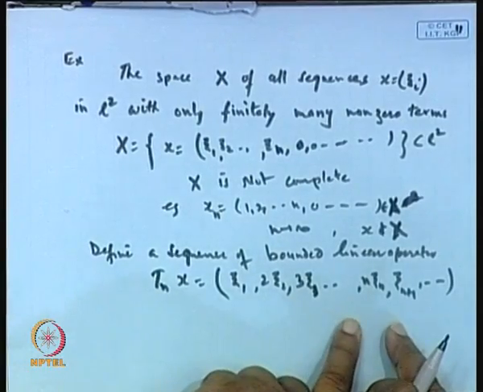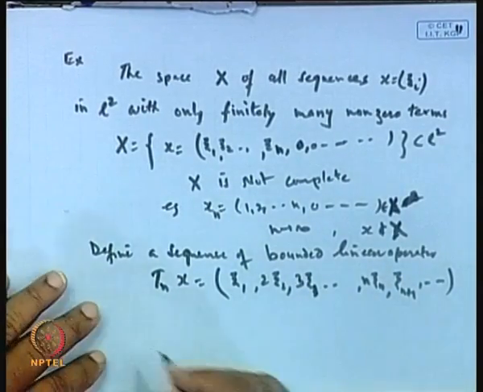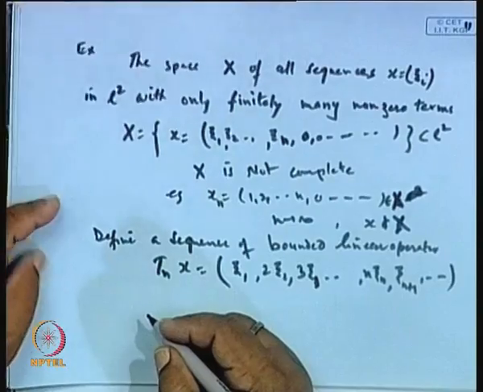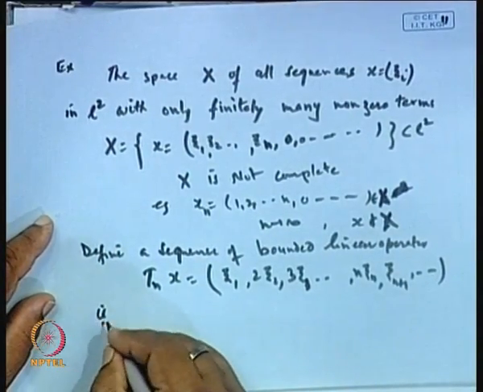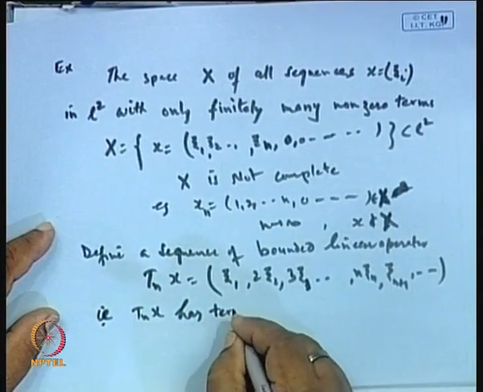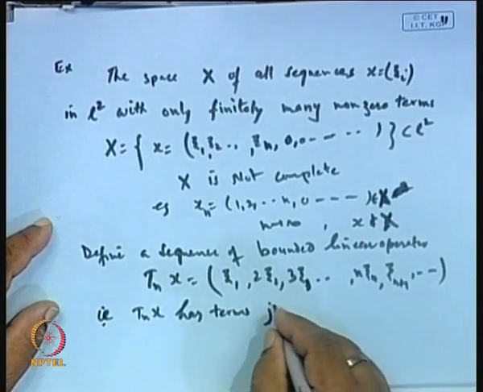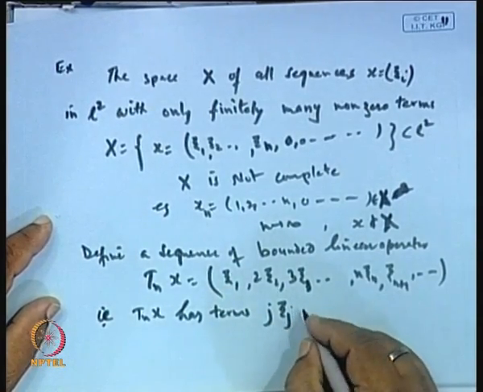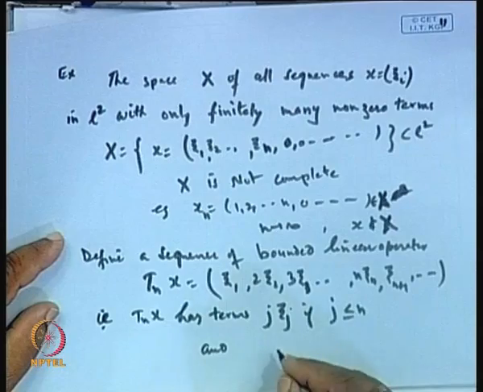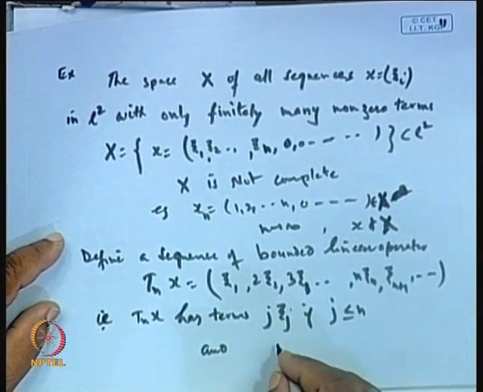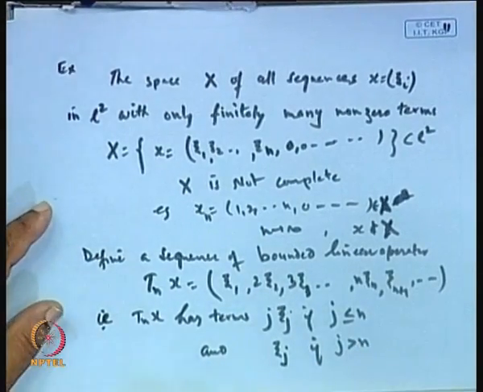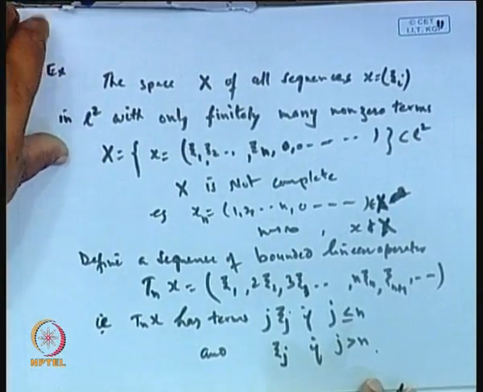That means the first n terms are multiplied by 1 to n, and the rest are as they are. That is, T_n x has terms j xi_j if j is less than or equal to n, and xi_j if j is greater than n.